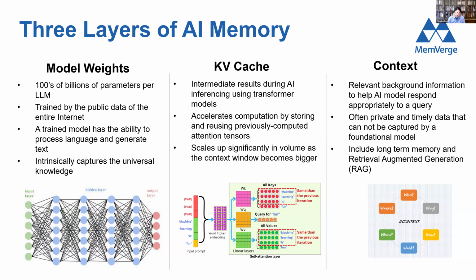This third layer of memory is a little different. This is commonly referred to as context. This is data that's not necessarily captured by the model itself, and this is often the private data that institutions have.